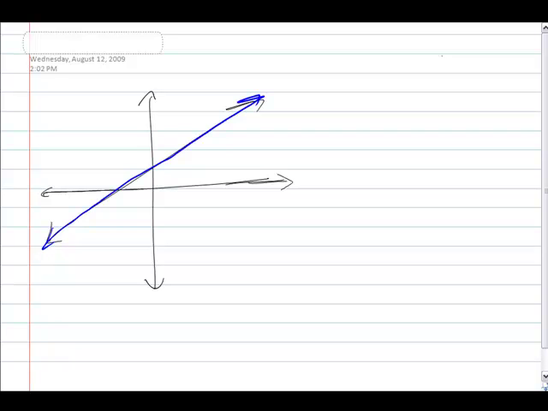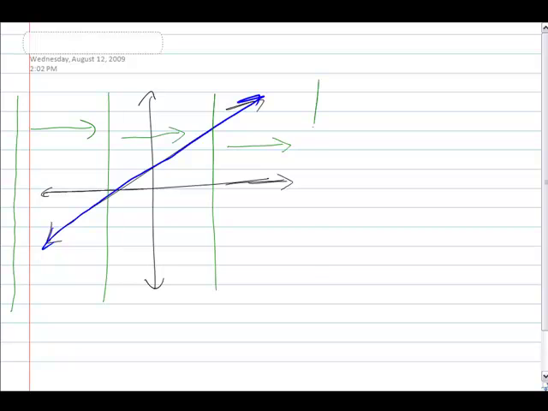If I want to find the domain, I'm going to take a vertical line at negative infinity. Am I going to hit the graph, the blue line? The answer is yes. As I keep moving that vertical line toward positive infinity, do I hit that blue line everywhere? The answer is yes, I do. So the domain is negative infinity to infinity, since I hit the line everywhere.